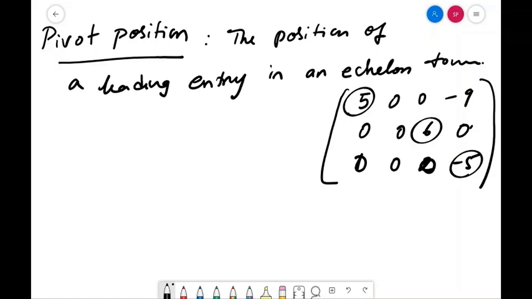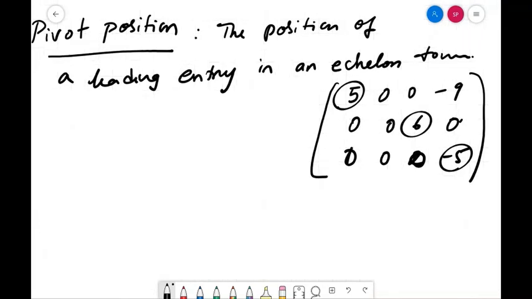Now let me see the pivot position, the position of a leading entry. Suppose in the first row I have a leading entry 5, it is in first row, first column. So first row, first column position is pivot position. Similarly, second row, third column position is pivot position, and third row, fourth column position is a pivot position.